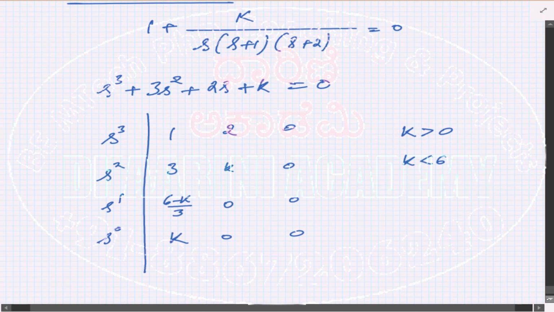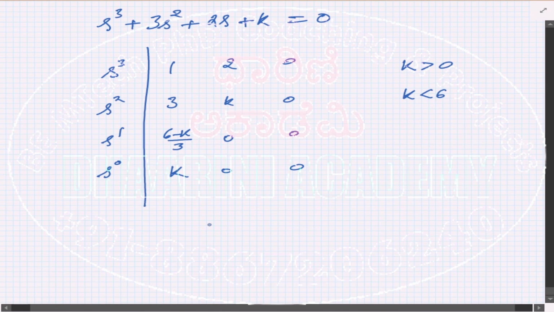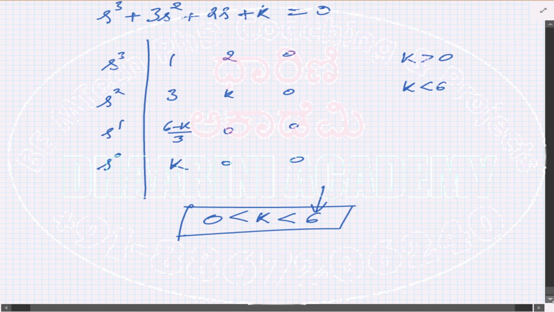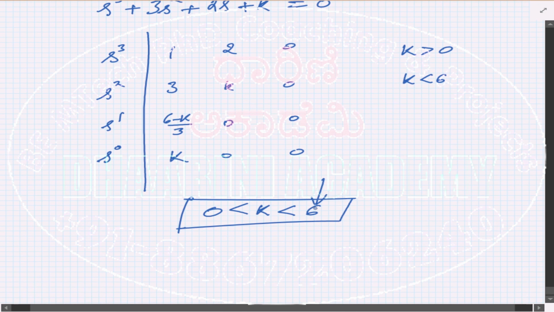So we understand that this particular system is stable if 0 is less than k less than 6, right? I need the marginal value, that is this. At 6, this is marginal. So I can write an equation with the value of 6 as k for the term containing s square.